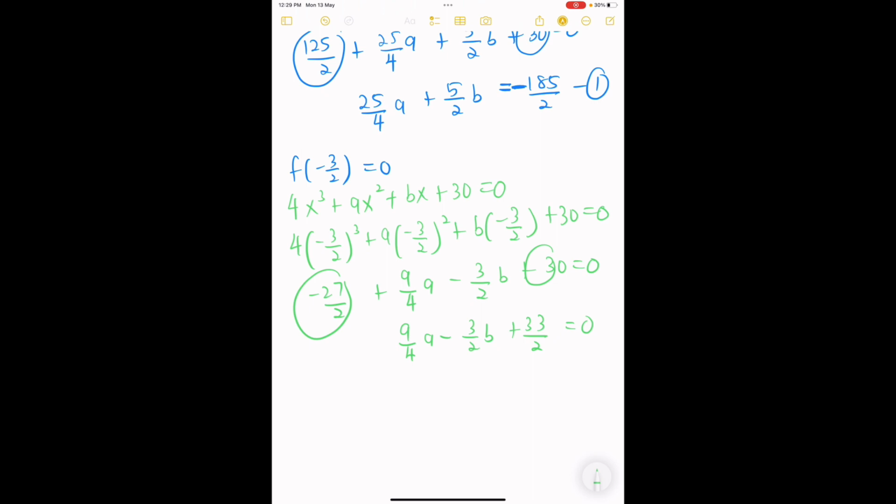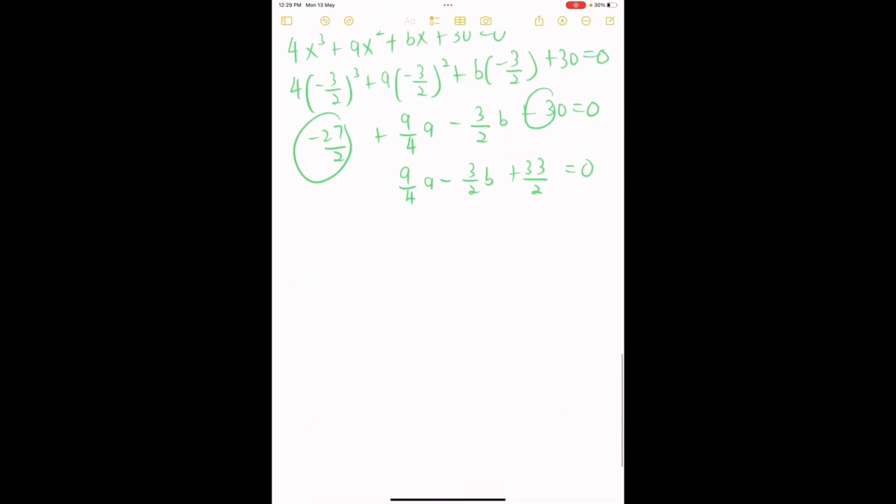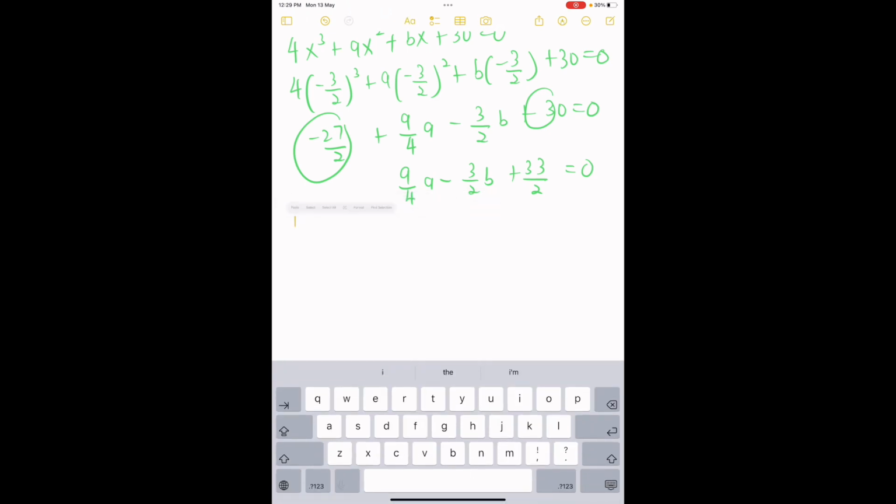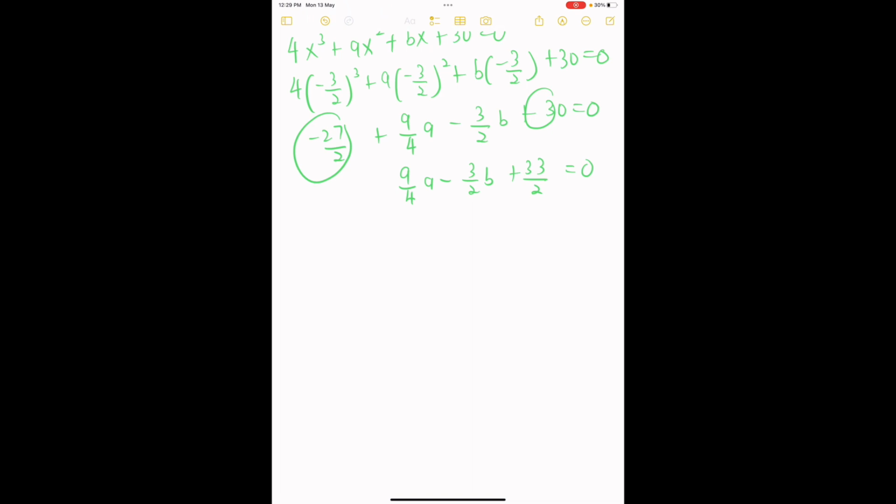So the second equation, you need to make a as subject, so that you can substitute the a inside equation 1. You make a as subject, right? Other than that, you bring to the right, it becomes 3 over 2b minus 33 over 2.